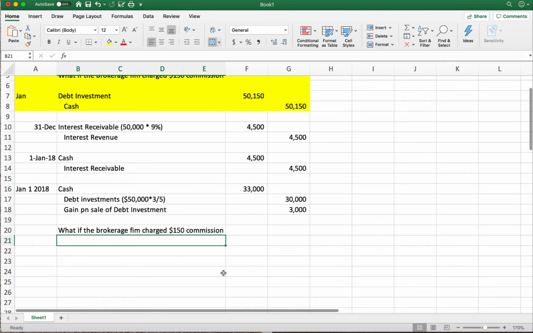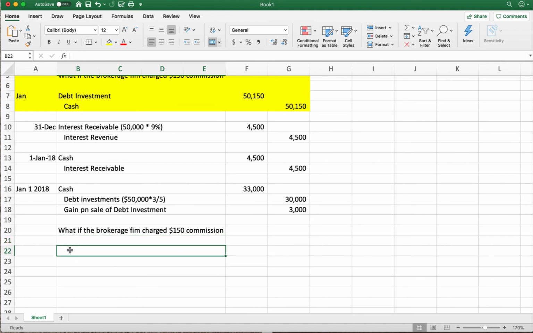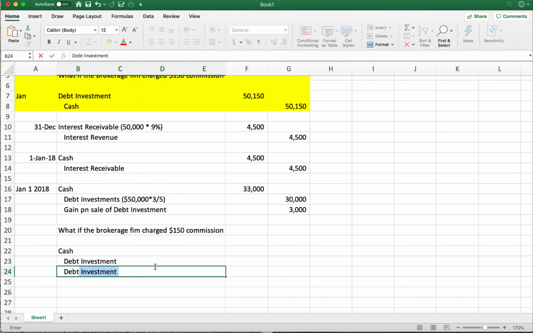Okay? Well, that's easy. Let's think about it and calculate it out. First of all, we're receiving cash, right? We need to debit our debt investment. And we already know we have a gain on sale of debt investment, so that's probably going to be the same thing, right? Meaning the fact that they charge us the $150 in commission is not going to impact our gain or loss that drastically.